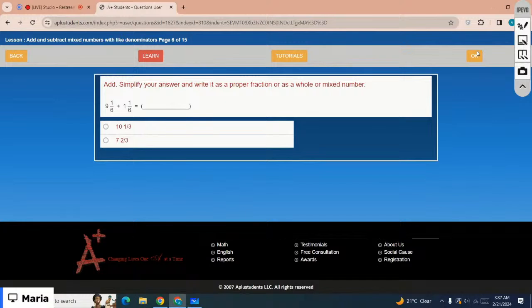Yes, the correct option is option number 1, 10 whole 1 over 3 it is.